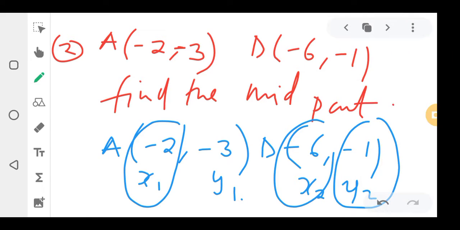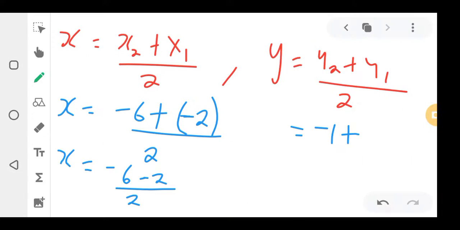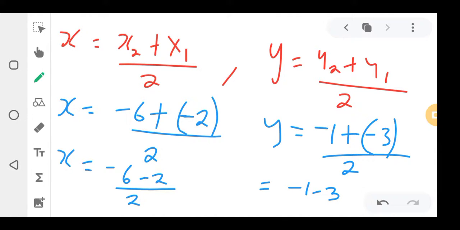Y1, guys, y1 is here, -3. So y1 I'll put -3, close bracket, divided by 2. So that will come to -1 minus 3 over 2. So I'll go to the next page.